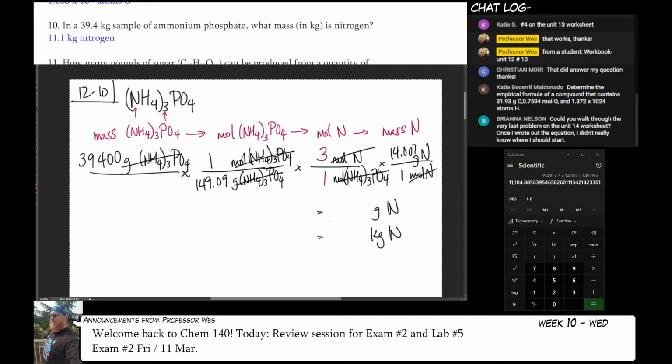But I only get 3 sig figs, so 11100, or 1.11 times 10 to the 4. Is that what I was supposed to get? Yeah, there you go. I can do everything, but I get to the end and I can't divide by 1,000. Whoops.